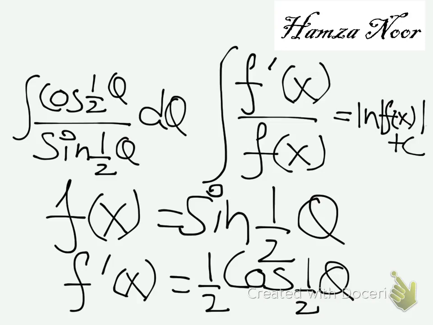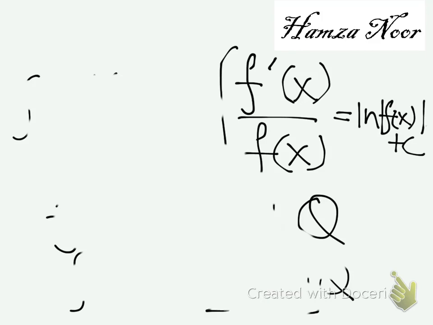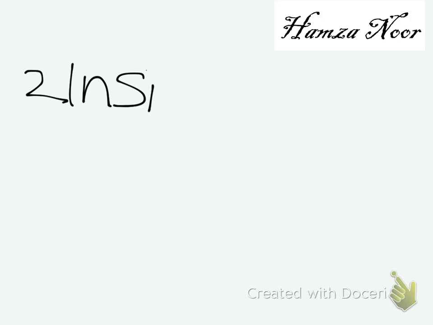Why? Because we have an additional 1 over 2 in the numerator, so we need to cancel that 1 over 2. In order to cancel that 1 over 2, we need to multiply it by 2. So the integral will be exactly equal to 2 ln sine 1 over 2 theta.